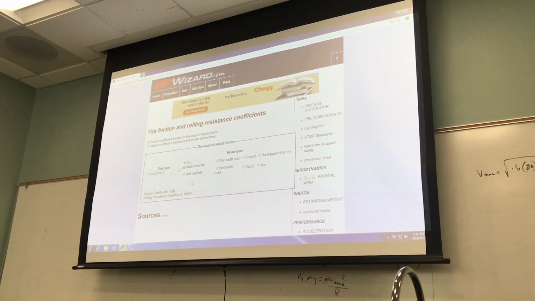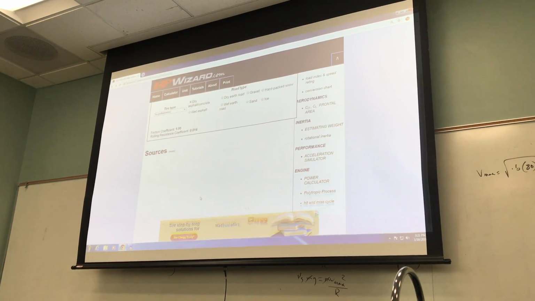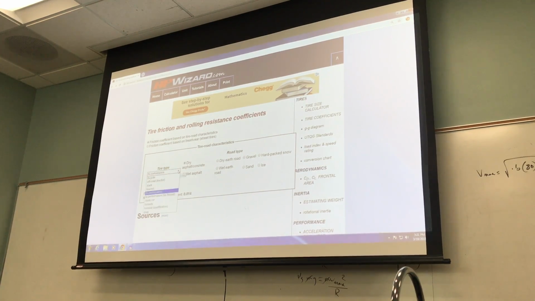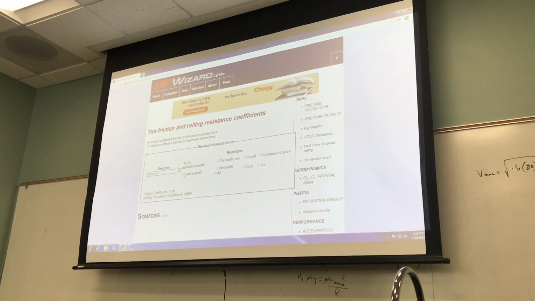So let's see if we test out something here, what's going to happen. If we do high performance stock car, with, did we change that? I think you can. Pressure coefficient based on tread wear, gravel. Or maybe you have to click that bottom one.